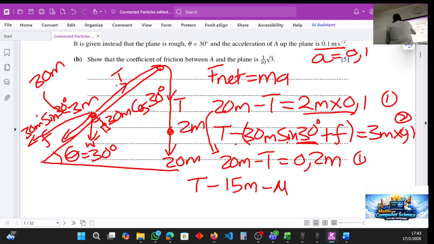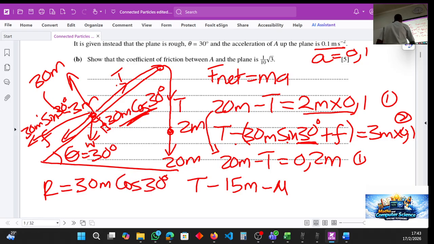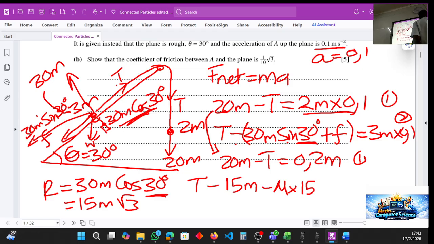But R corresponds to this component, so R is equal to 30m cos 30 degrees. Remember, this 30 degrees is a special angle. It gives us root 3 over 2. So this is the same as 15m root 3, multiplied by mu.